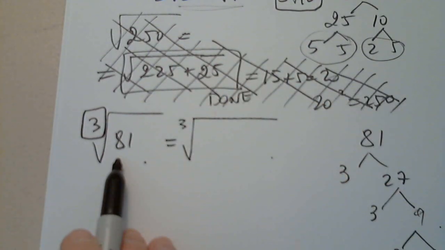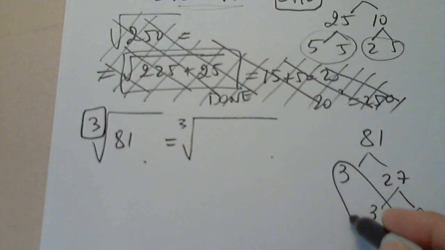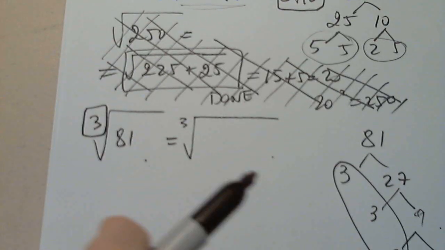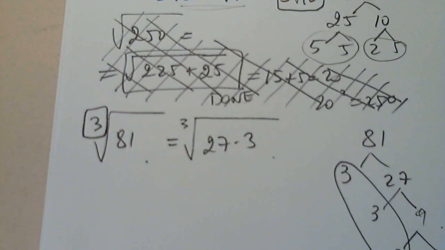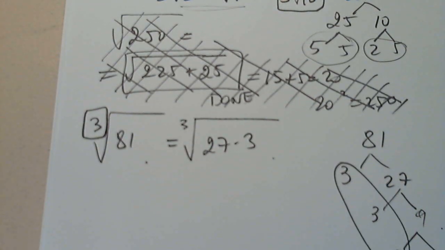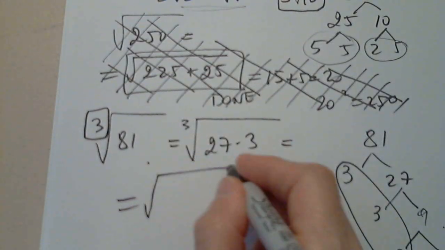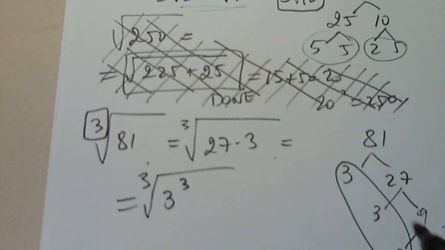How do I rewrite 81? And I think in terms of the cube root. So I have to think in terms of 27 times 3. Or you can write it as the cube root of 3 to the third times 3.